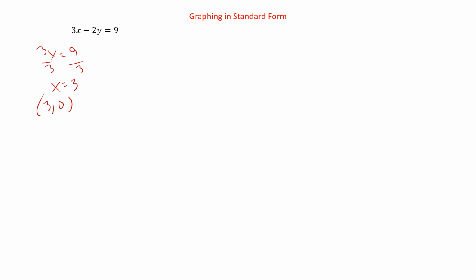The y-intercept is when x equals 0, so we'll have -2y equals 9. Divide by -2, and so y equals -9/2, which is not the easiest thing to graph. Sometimes a mixed number is going to be easier. -9/2 is going to be -4.5. So that's going to be the point 0, comma, -4.5.